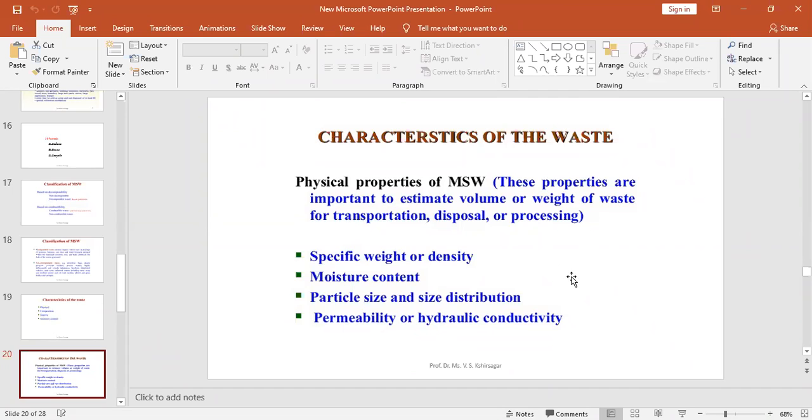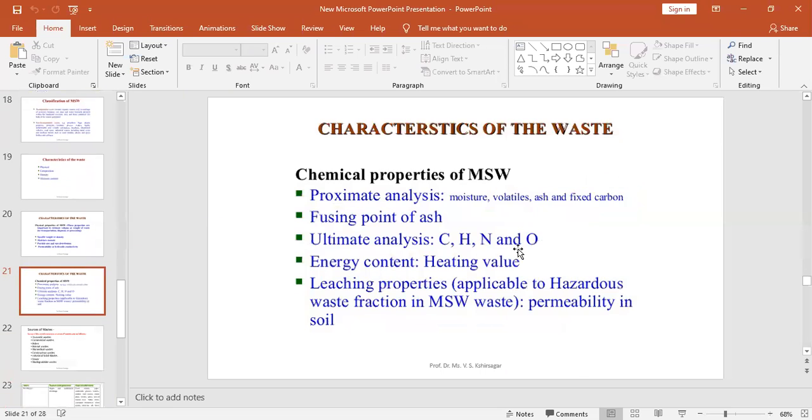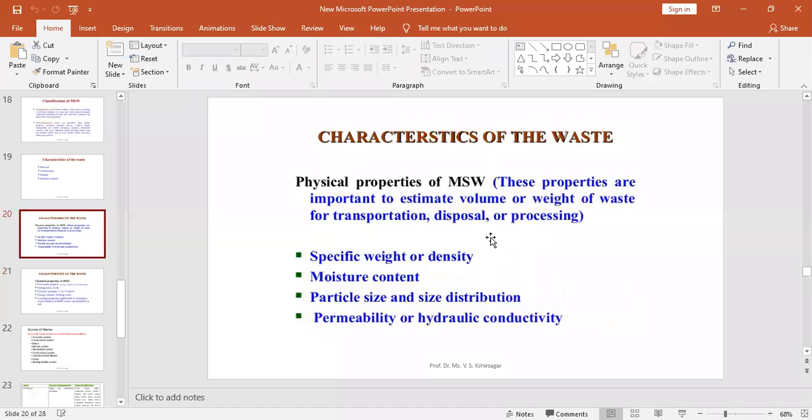Everything you need to understand. These characteristics are important to estimate volume, that is, how big a container is needed to carry it, or weight of waste for transportation, disposal or processing.